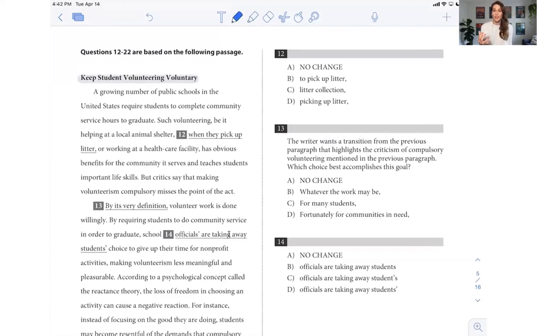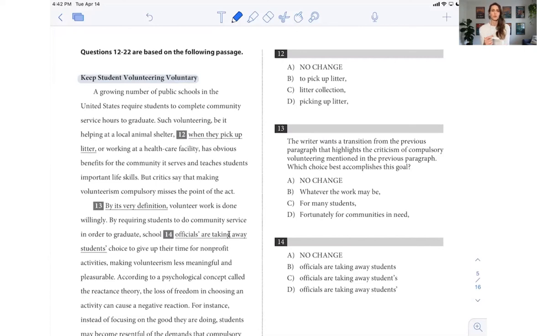So by reading that, we could infer that this is going to be a criticism of required volunteer hours for college admissions or for certain scholarships before we even start. It always helps to kind of come up with an idea of what you think the passage is going to be about before you start reading so that you can engage more with the passage.